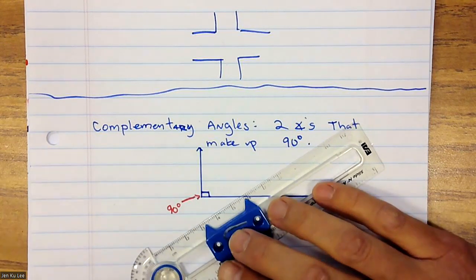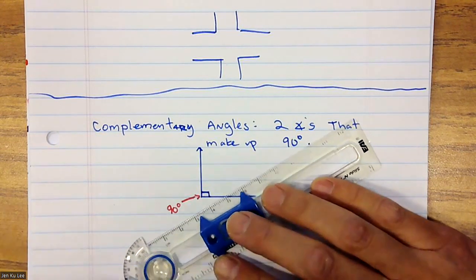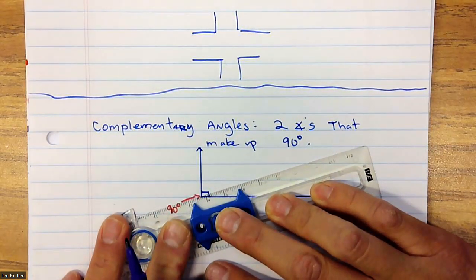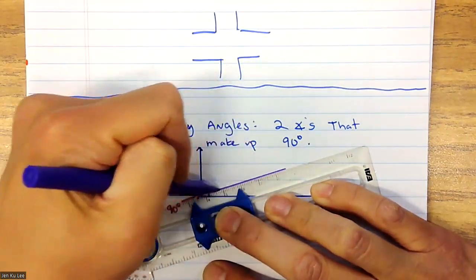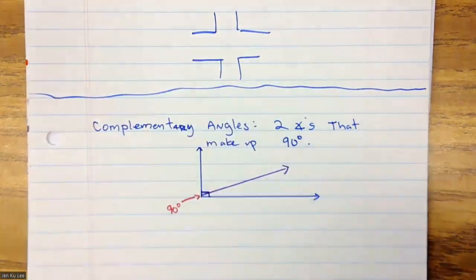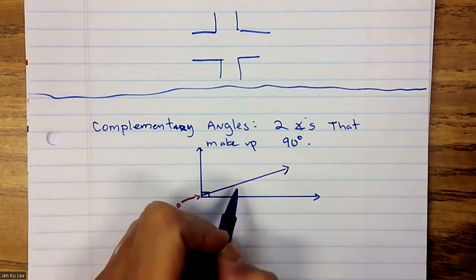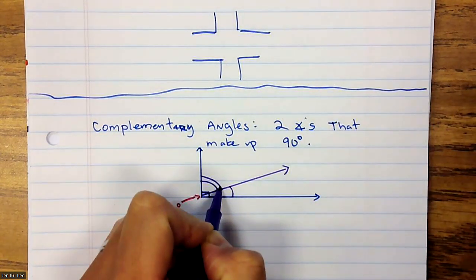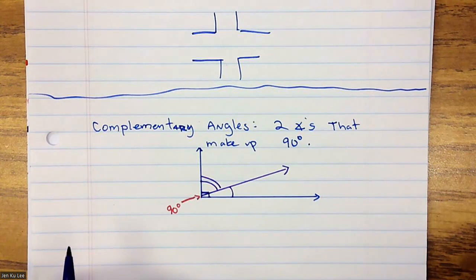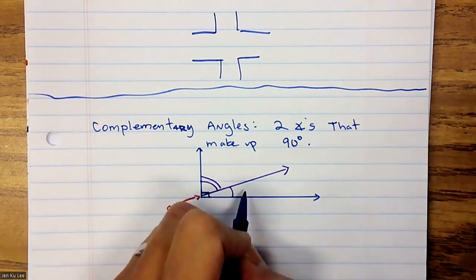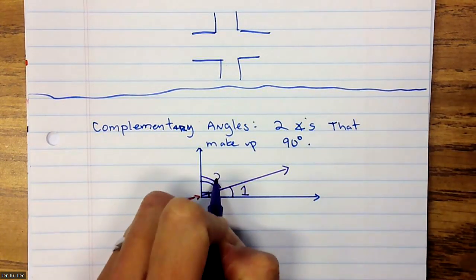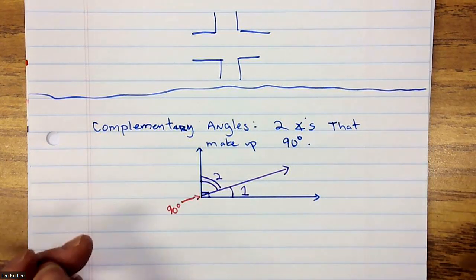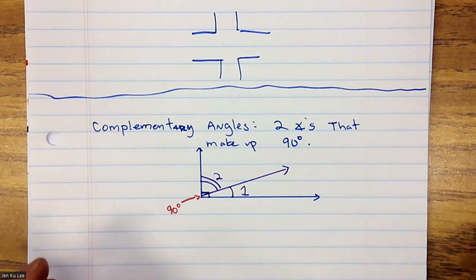And then when I make another intersecting ray like this, these two angles here and here equal 90 degrees, right? So angle 1 and angle 2 are complementary angles because the sum equals 90.